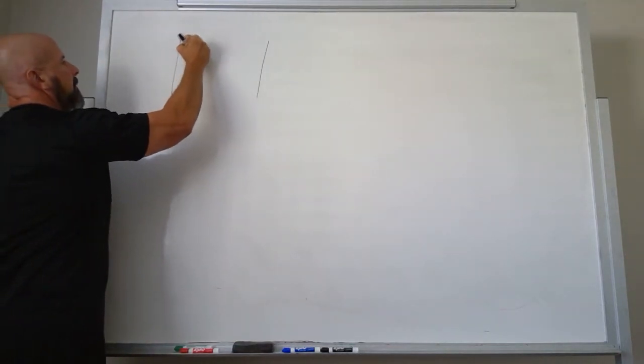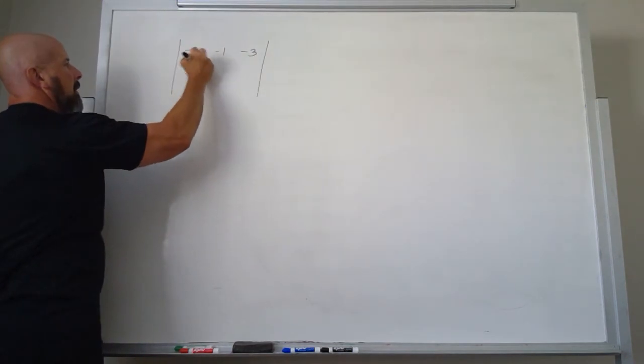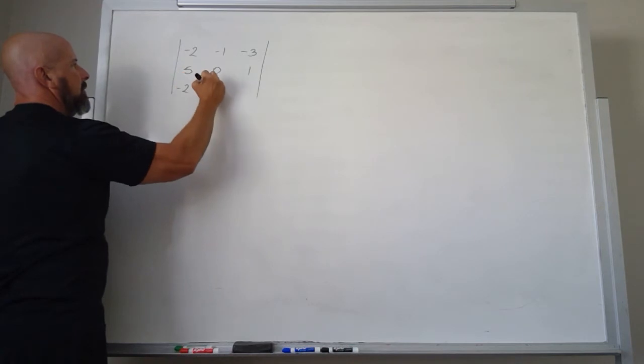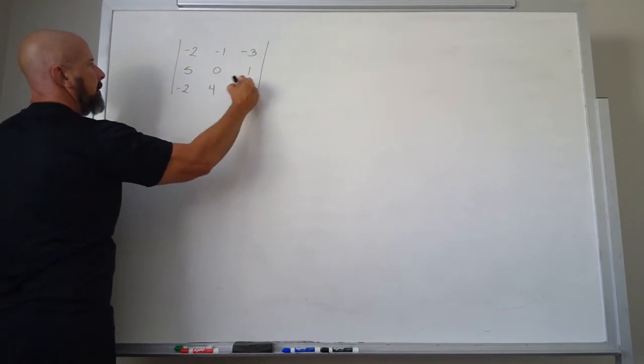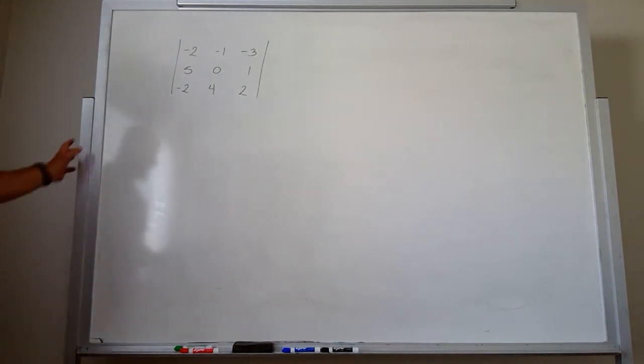Let's go negative 2, negative 1, negative 3, 5, 0, 1, negative 2, 4, 2. So there's our 3 by 3. So our first course of action, rewrite the first two columns.